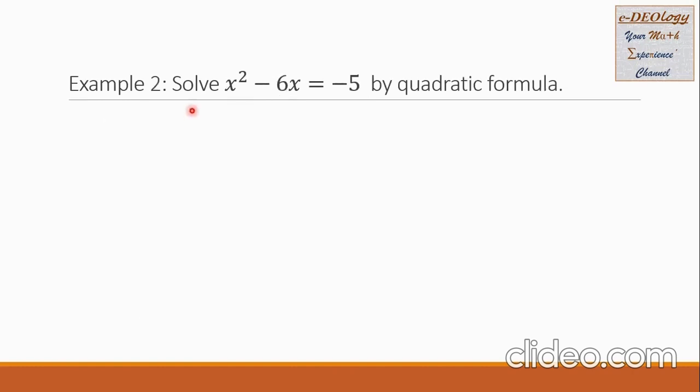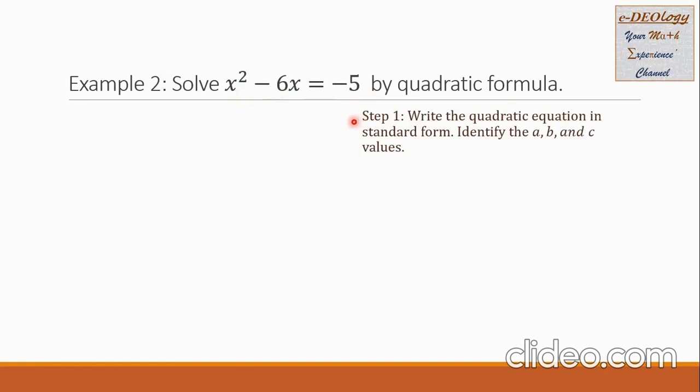Let's have example 2. Solve x squared minus 6x equals negative 5 by quadratic formula. Step 1. Let us write the equation in standard form. We can see here that the constant negative 5 is on the right.